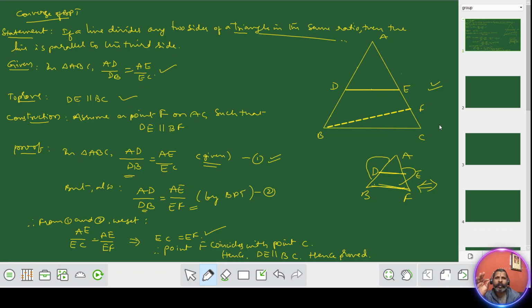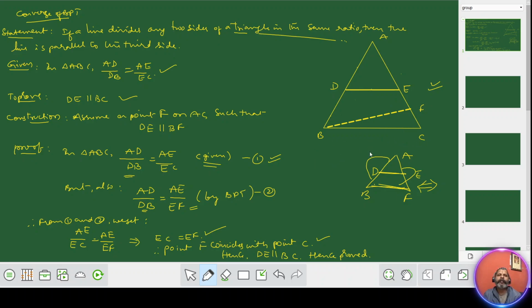I'm assuming you are getting the point. EC equal to EF, from the figure we cannot make out. Mathematically, EC equal to EF means the length of EC should be equal to the length of EF. This happens only when F coincides with C. So F coincides with C. Therefore, from the construction, we did DE parallel to BF, no? Now F coincides with C means DE is also parallel to BC, right?